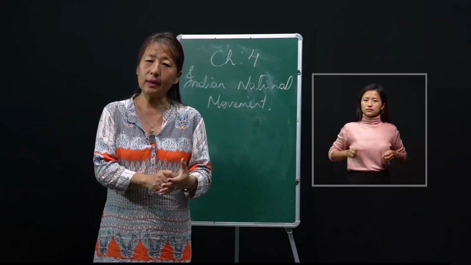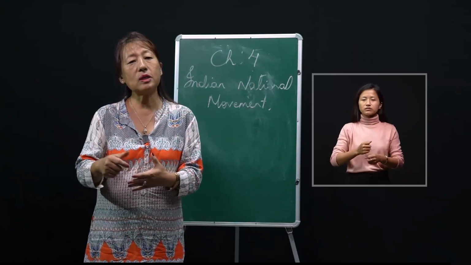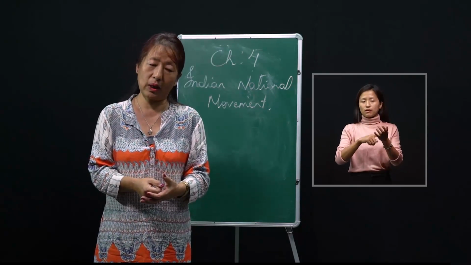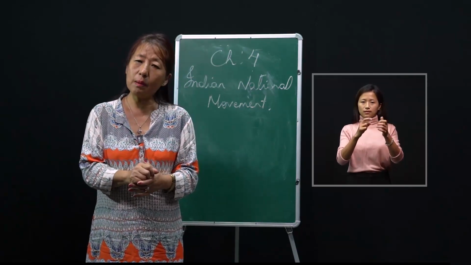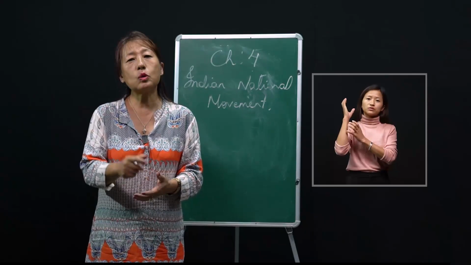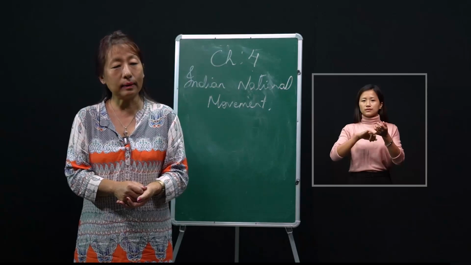In the beginning, what Gandhiji did was start his famous march, which is called the Dandi March. Dandi is the name of a small village in Gujarat, on the seashore. So he took this march, and that is why it is called the Dandi March.